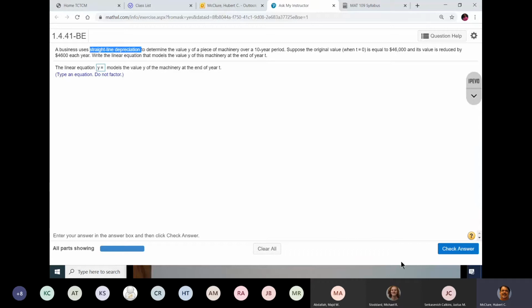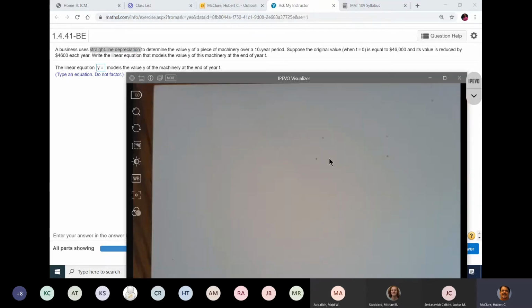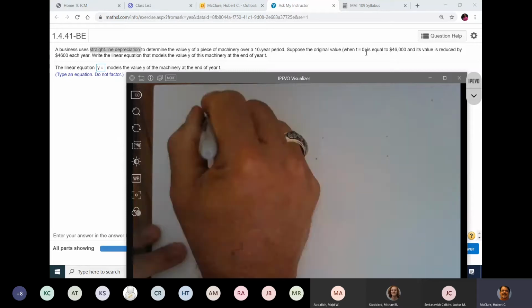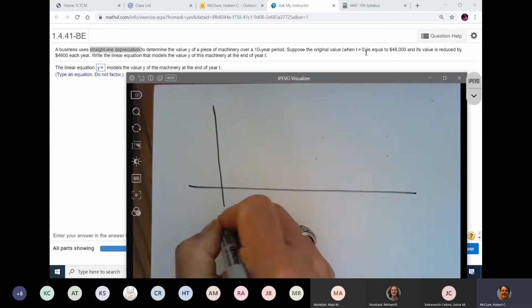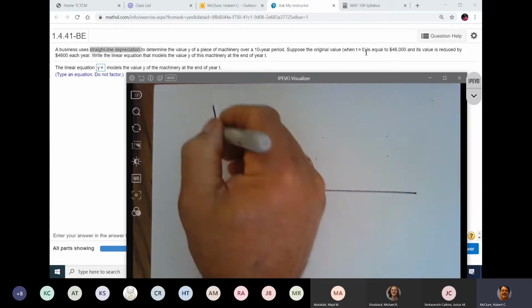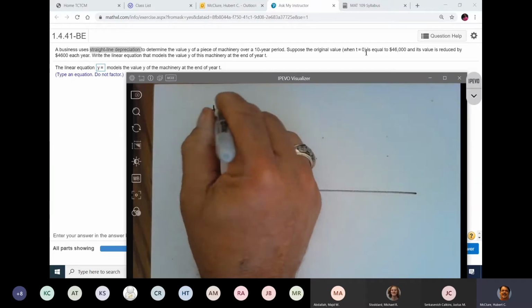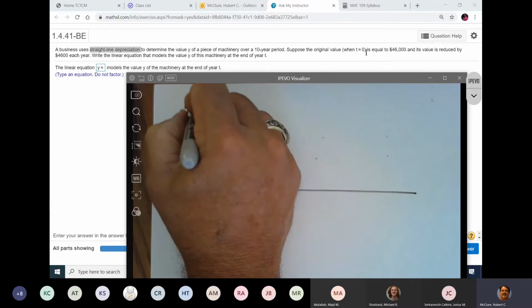So we know we can apply all those things we learned in Algebra 1 and 2 with the slope and the point slope equation, I hope. Suppose the value at 0 is equal to $46,000.